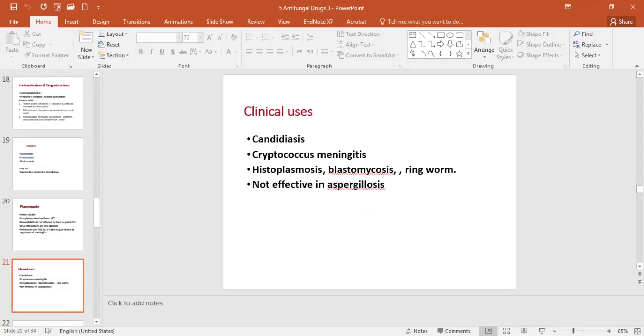In clinical uses, it is used in candidiasis, cryptococcal meningitis, histoplasmosis, blastomycosis, ringworm, but it's not effective in aspergillosis. This is a type of fungal infection for which it is not effective for treatment.